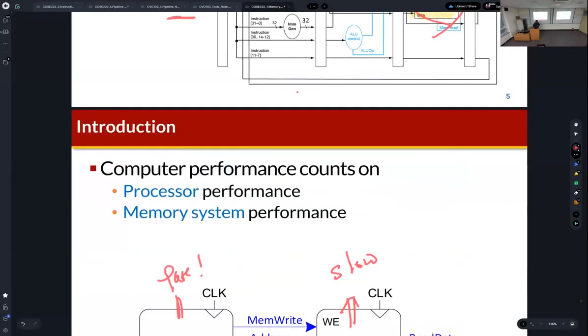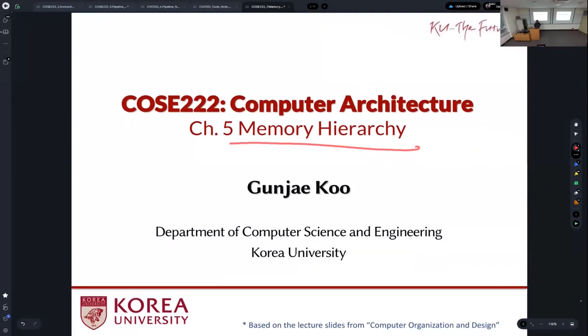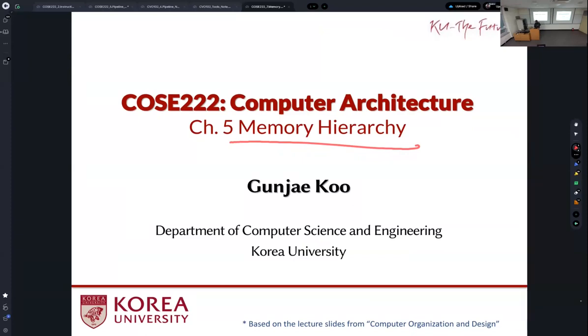In order to overcome the memory wall in the computer system, we use memory hierarchy. What is the hierarchy? Hierarchy is actually a social terminology, right? Which is 계층 구조 in Korean, 계층. It's a kind of social level.